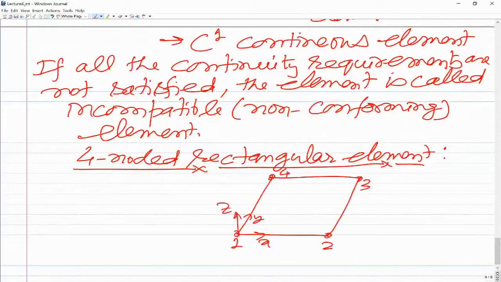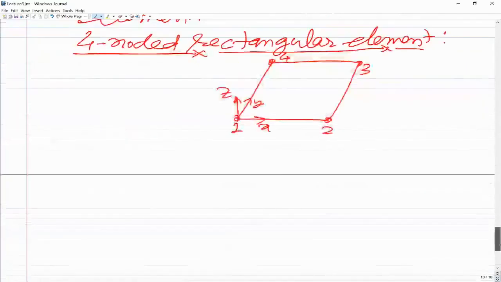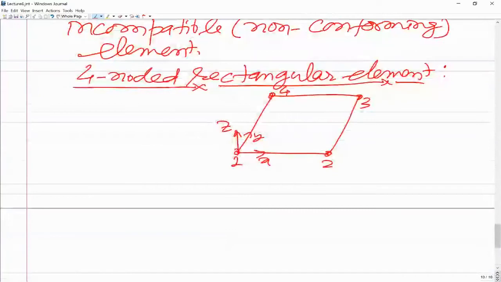Now if you look at the degrees of freedom, we need that W, del W by del X and del W by del Y should be continuous across the element boundaries. So for that we need at least these primary variables as the nodal degrees of freedom. That means we will have W1, del W by del X at 1 and del W by del Y at 1 as degrees of freedom.